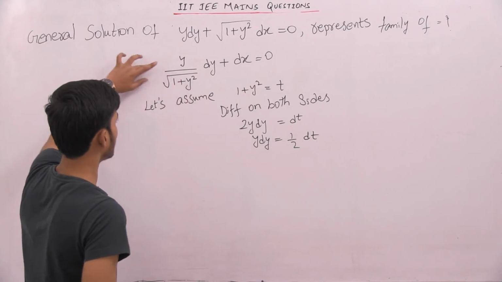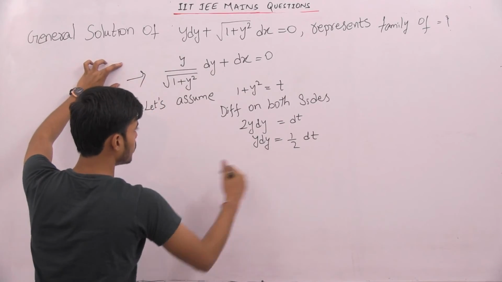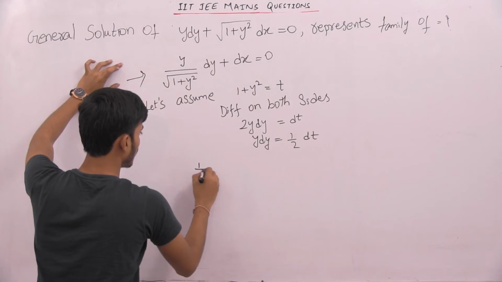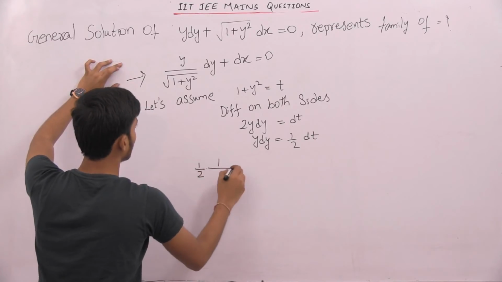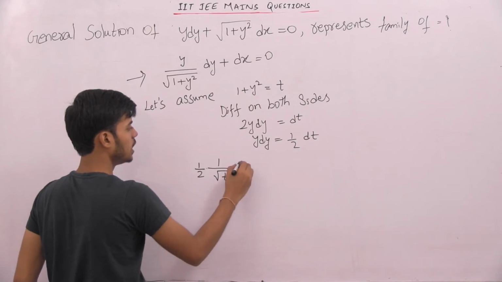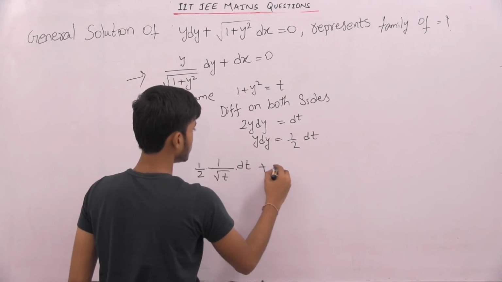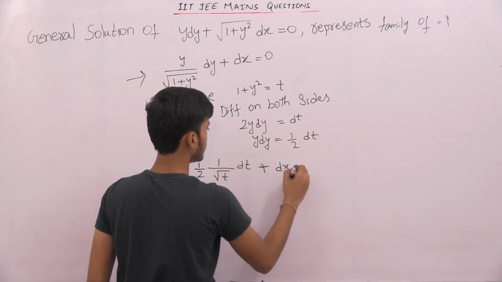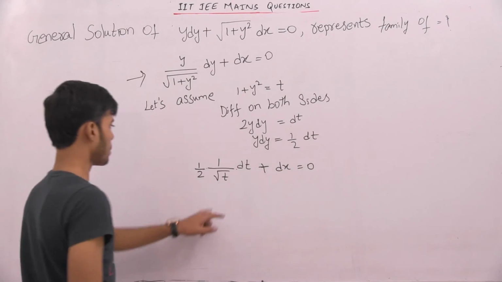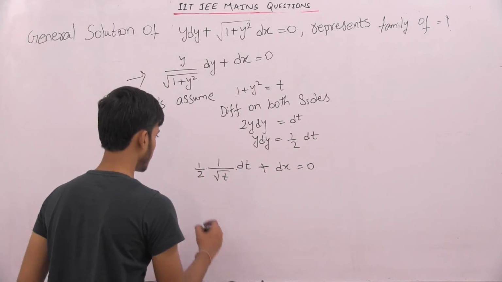Now substitute this value into this equation, which will give us y dy to be half dt, half into 1 by 1 plus y square is t, so root t into dt, which is left over, plus dx equals to 0.